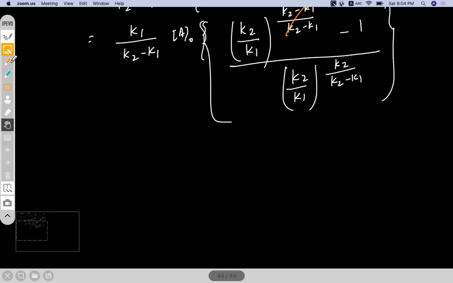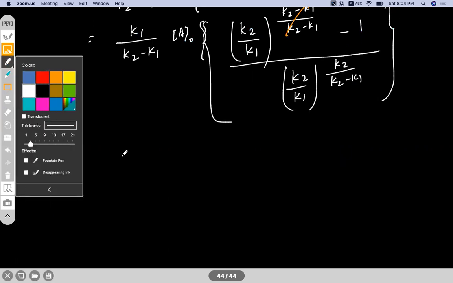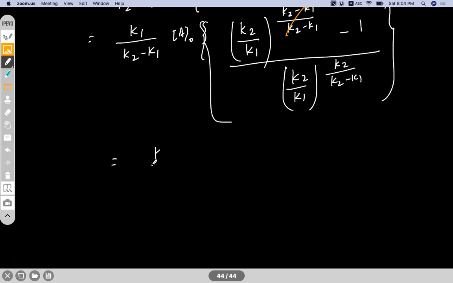So the expression here would be K1 by K2 minus K1 times A naught, and this numerator would be K2 minus K1 by K1.